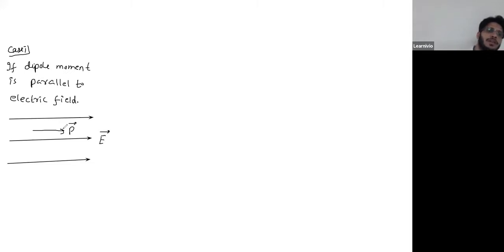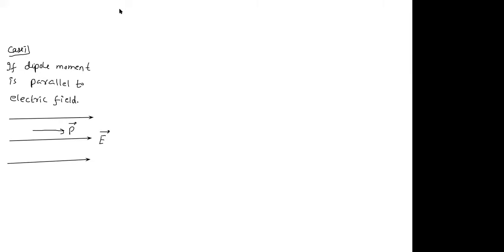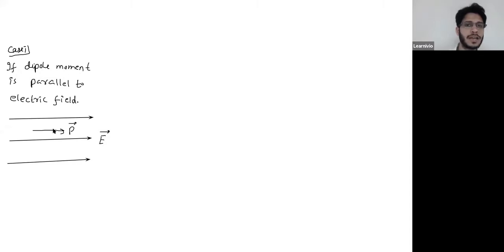Can you guess the angle between electric field and dipole moment? Yes, P and E are parallel. That means the angle between them is 0 degrees. So if I calculate potential energy, this comes out to be minus of PE cos 0. Cos 0 is 1. So potential energy is minus of PE.